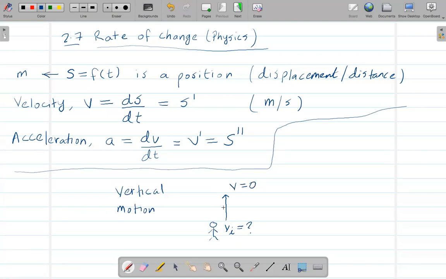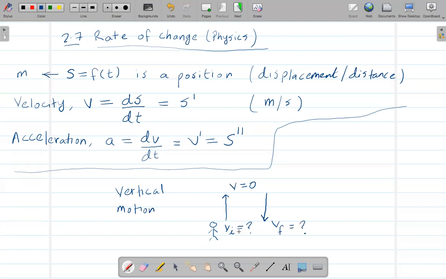You throw the ball upward in a vertical direction, and when it reaches the maximum height, it will stop for a moment, and then it will come down, right? And after that, you will get the final velocity.